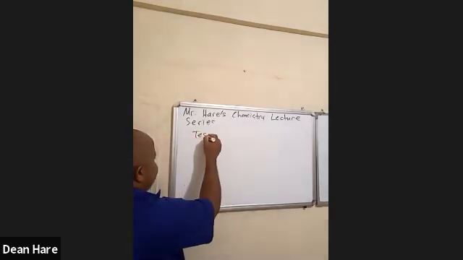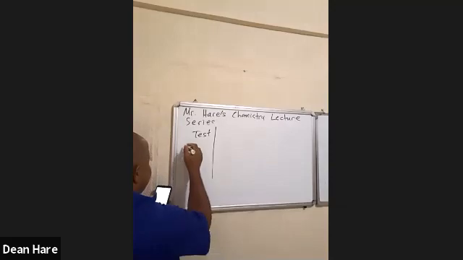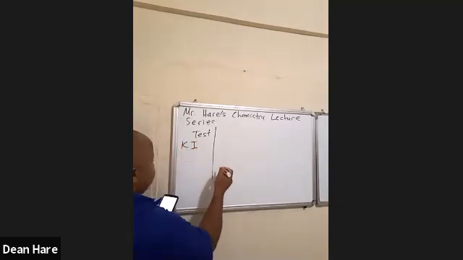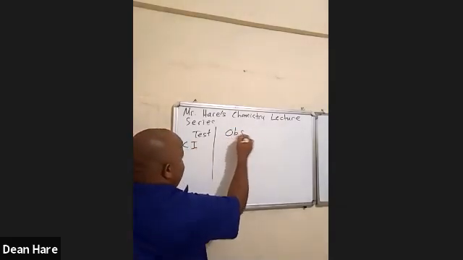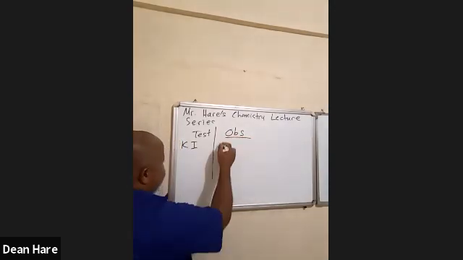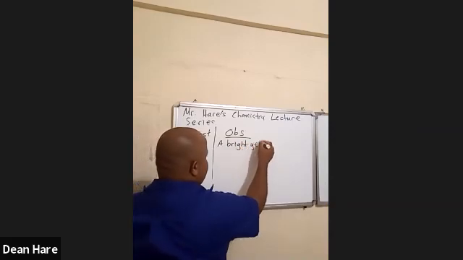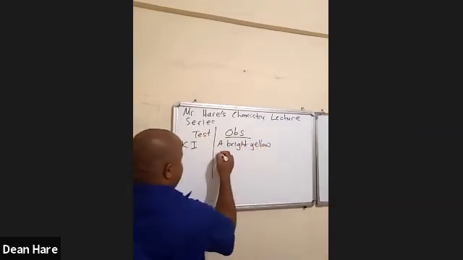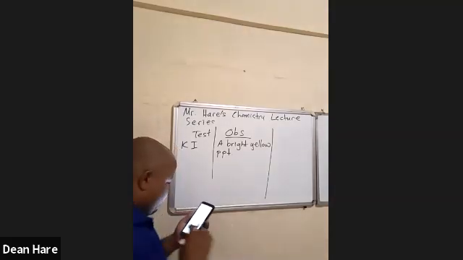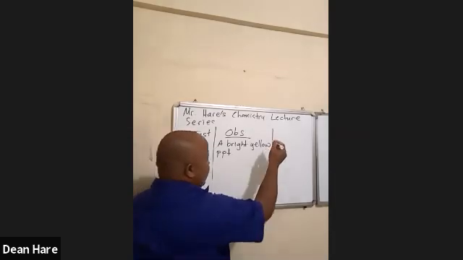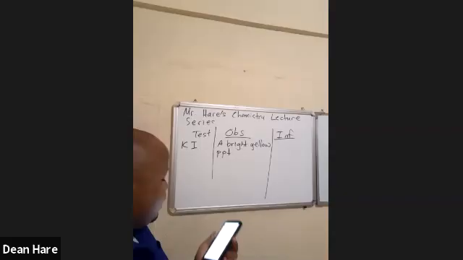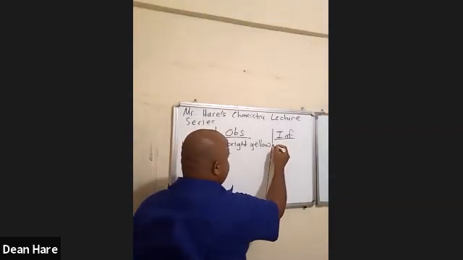The test here used potassium iodide, and they gave us the observation that we get a bright yellow precipitate. And our job now, for the inference, is Pb2+. That is correct. Pb2+ is present.